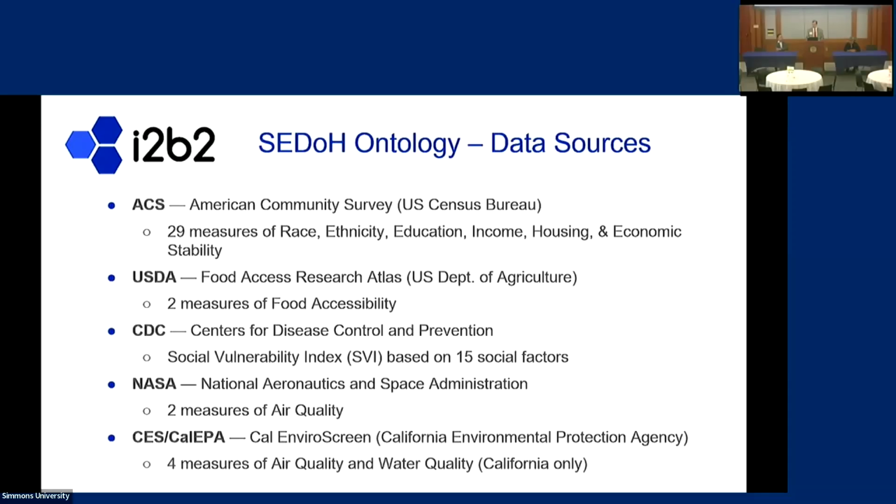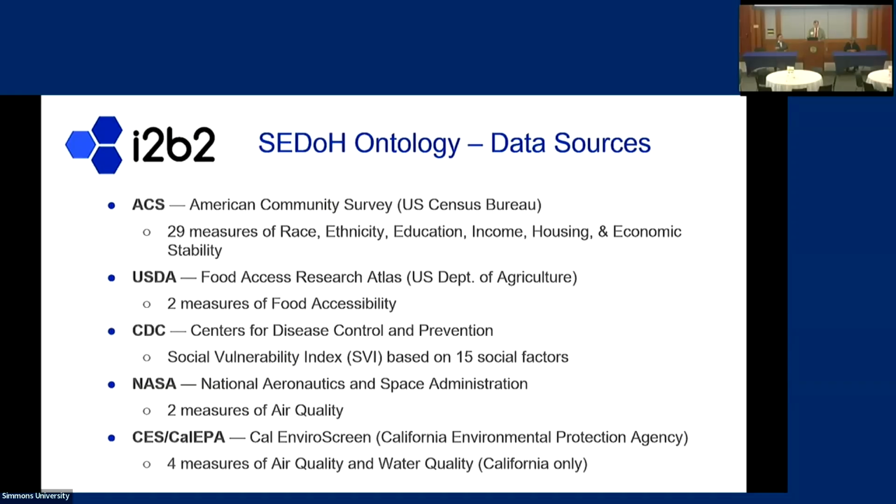So where does the data come from? These 32 socioeconomic measures, and the 6 or 8 environmental measures that we have, mostly come from the American Community Survey, which is published by the US Census Bureau, 29 measures of race, ethnicity, education, income, housing, etc. The US Department of Agriculture provides us with 2 measures of food accessibility.